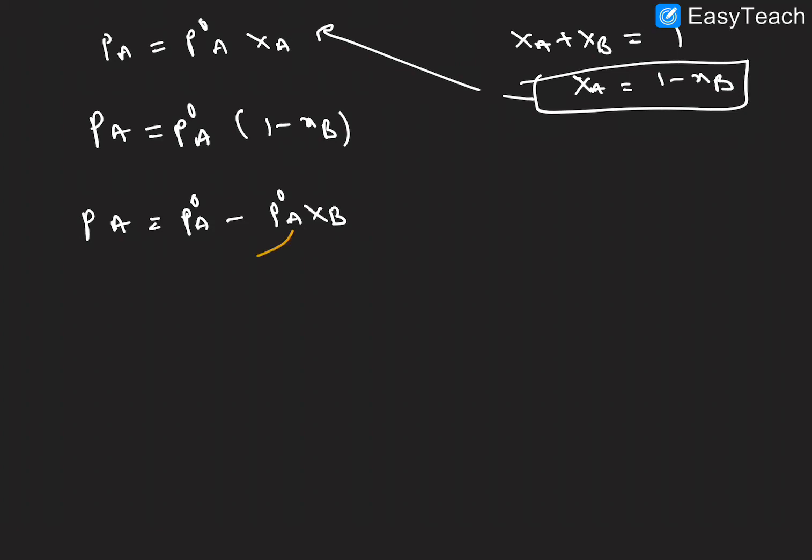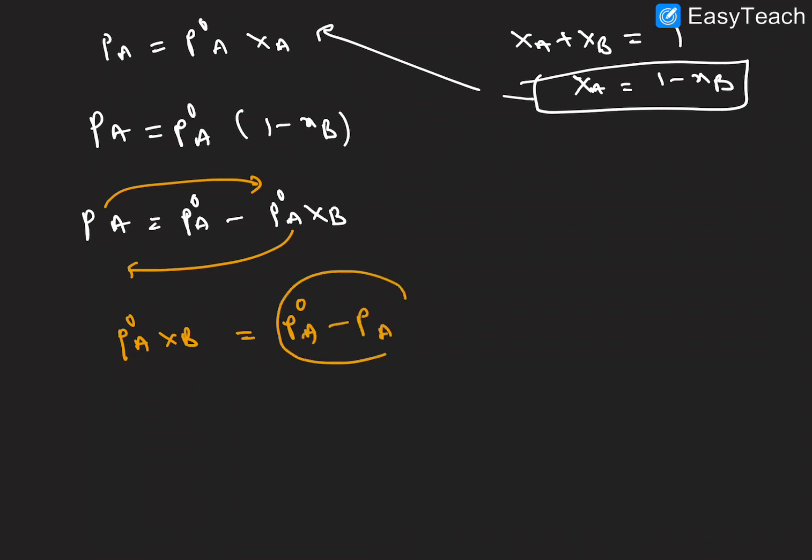Rearranging, this term comes here, that goes there, and the signs change. So the formula we get is P naught A into mole fraction B equals P naught A minus PA. This is the lowering of vapor pressure, not the relative lowering.